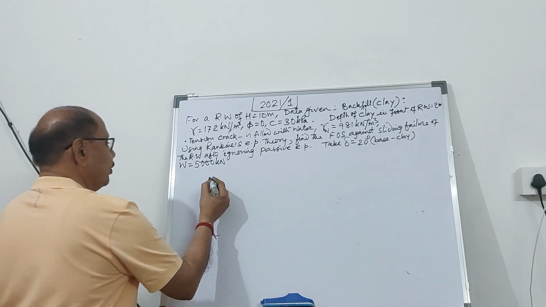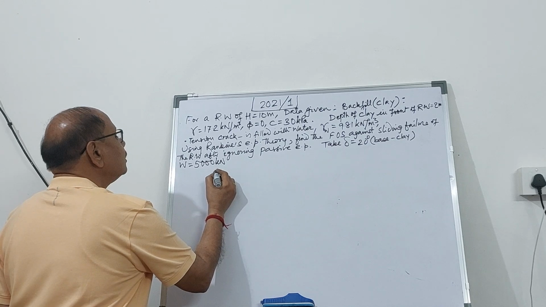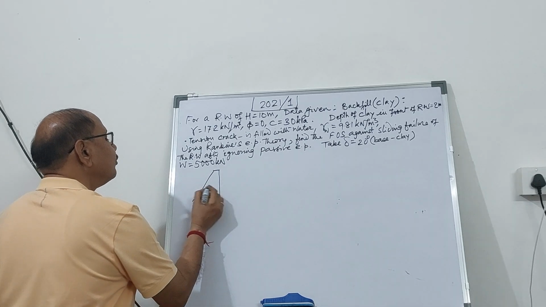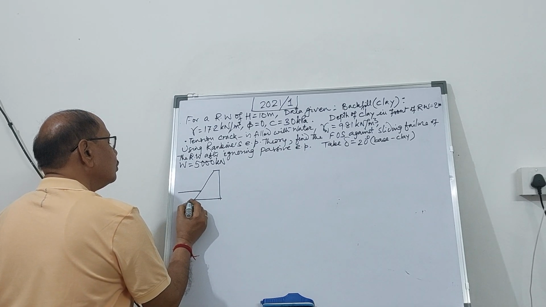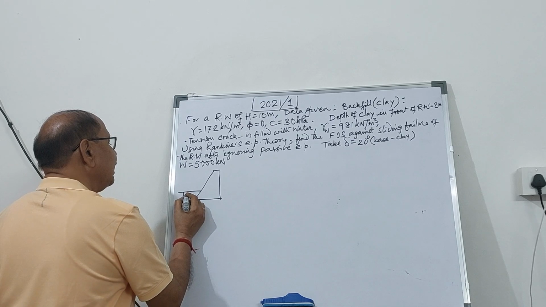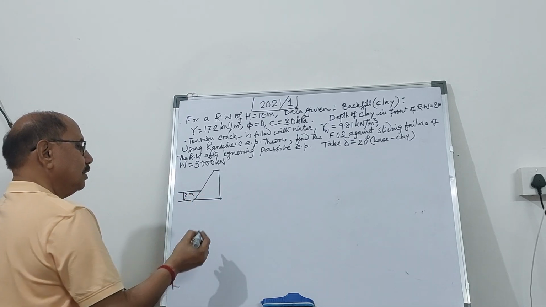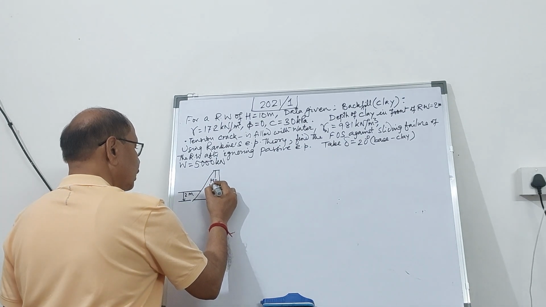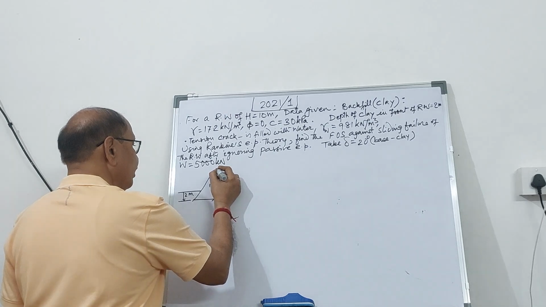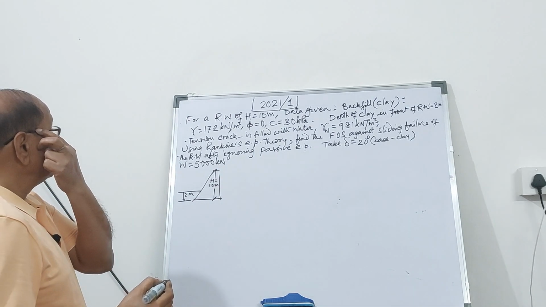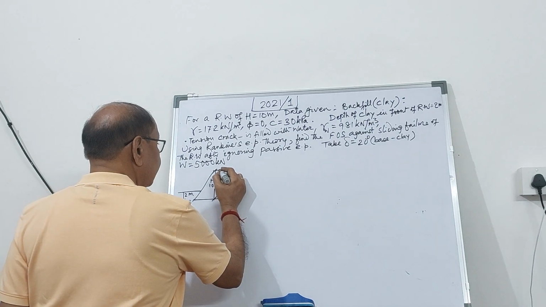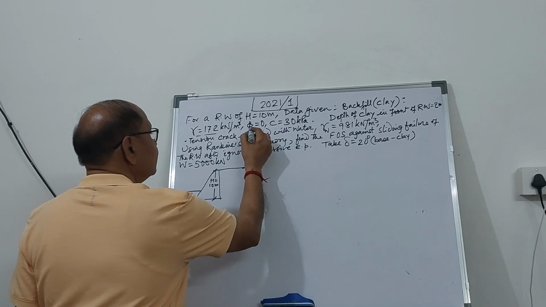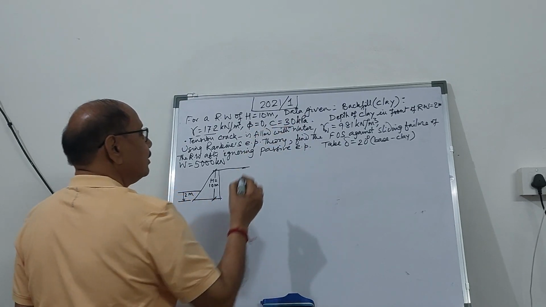So very simply you can draw the retaining wall. This is the back of the wall, this is the front of the wall. Here in the front you have got the clay of 2 meter, and the height is h equal to 10 meter. The unit weight is given as 17.2, and C is given.